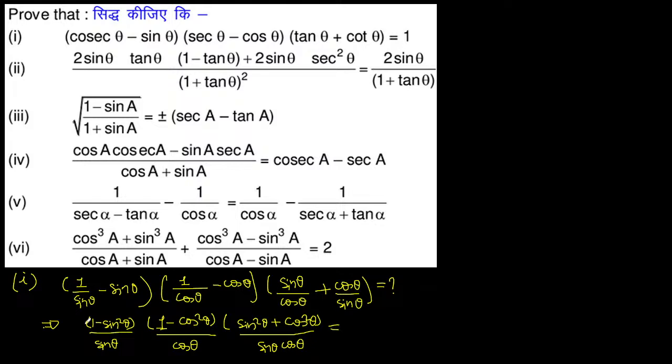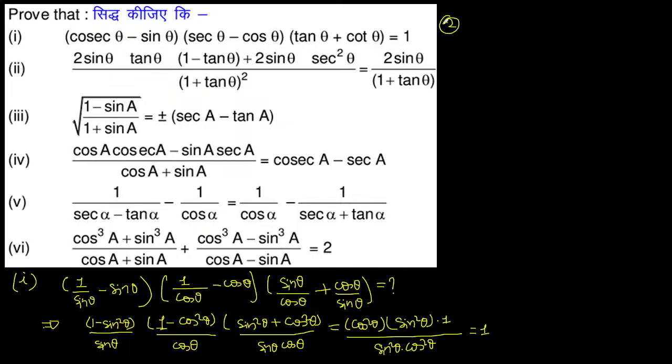Further going, it is nothing but cos square theta, sin square theta, and this is 1, over in denominator sin square theta cos square theta. This is 1. We could prove it, yes.